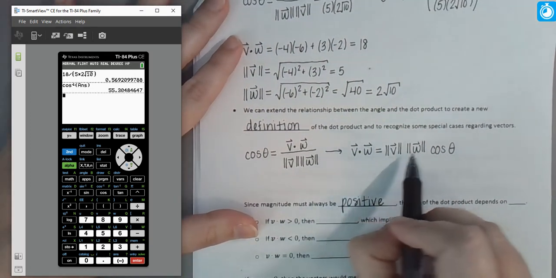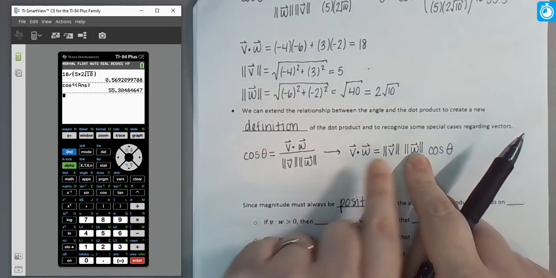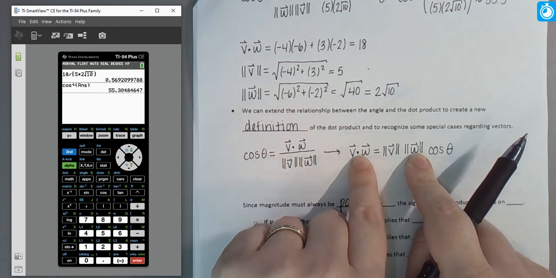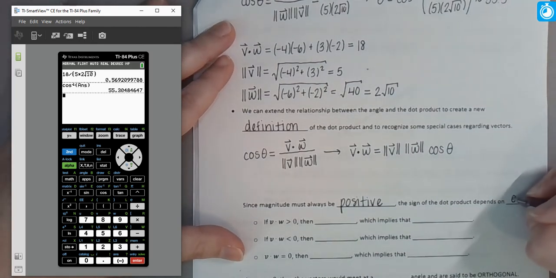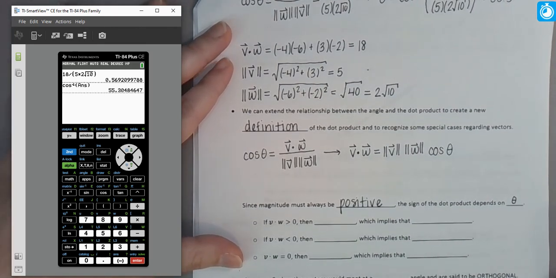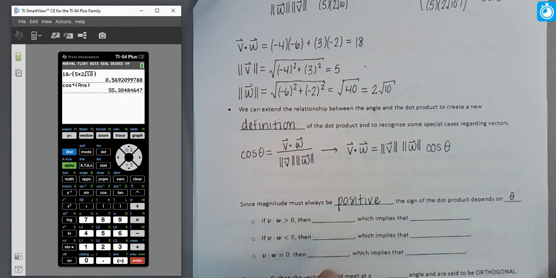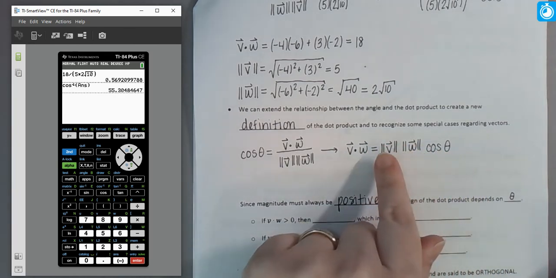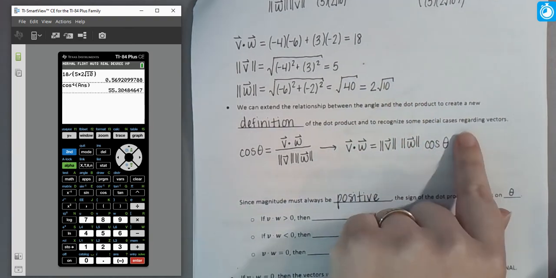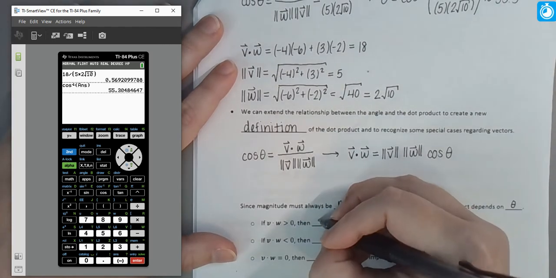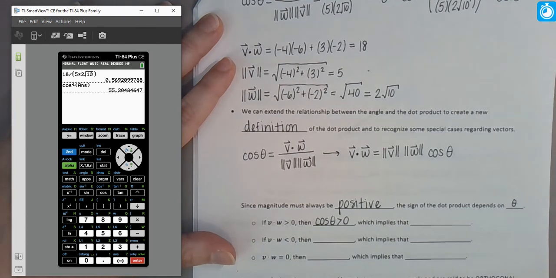Well, if this is a definition of the dot product, and these two values are always going to be positive, that means the only way the dot product can be negative is based on what happens with the cosine, or more specifically, what happens with theta. So suppose our dot product is greater than 0. That means that this whole expression, of course, is greater than 0. Well, these two are positive. For the whole expression to be greater than 0, cosine must also be positive. So we know the cosine of theta would also have to be a positive value.